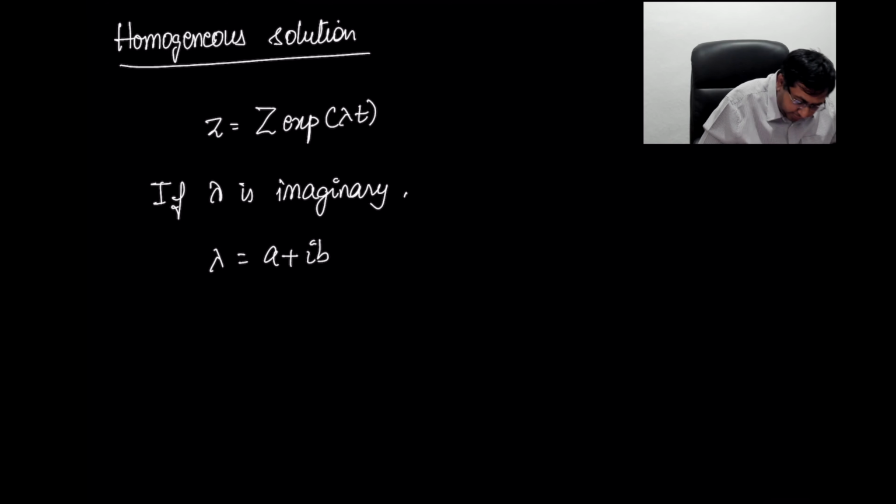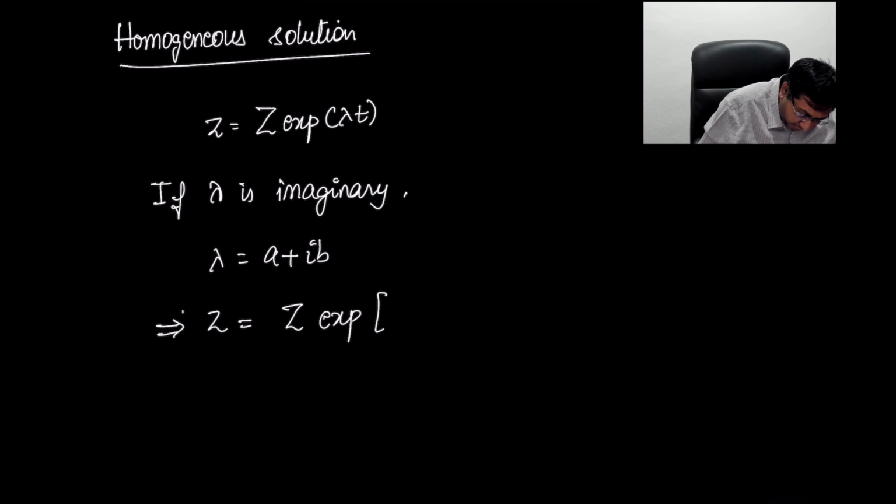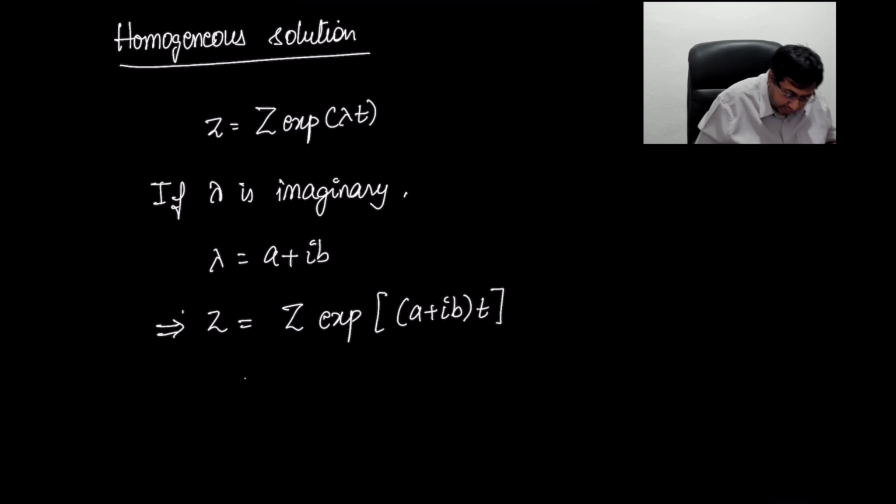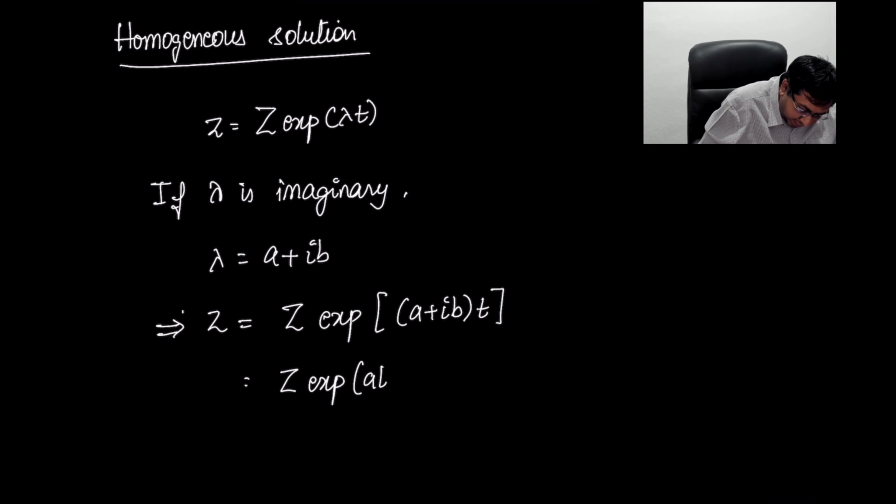So if I substitute them back here, z is nothing but z into exponent of a plus I into b into t. Or I can just separate this out to write this as z into exponent of a into t into exponent of I b into t.